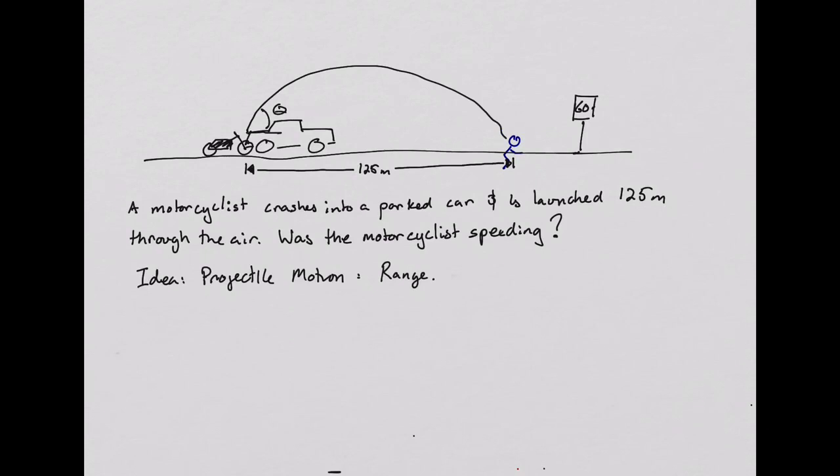The range equation depends on the square of the initial velocity, is divided by gravity, and depends on the sine of twice the initial angle that he flew off at. If he flew off at angle theta, then we need to know that to find the initial velocity.